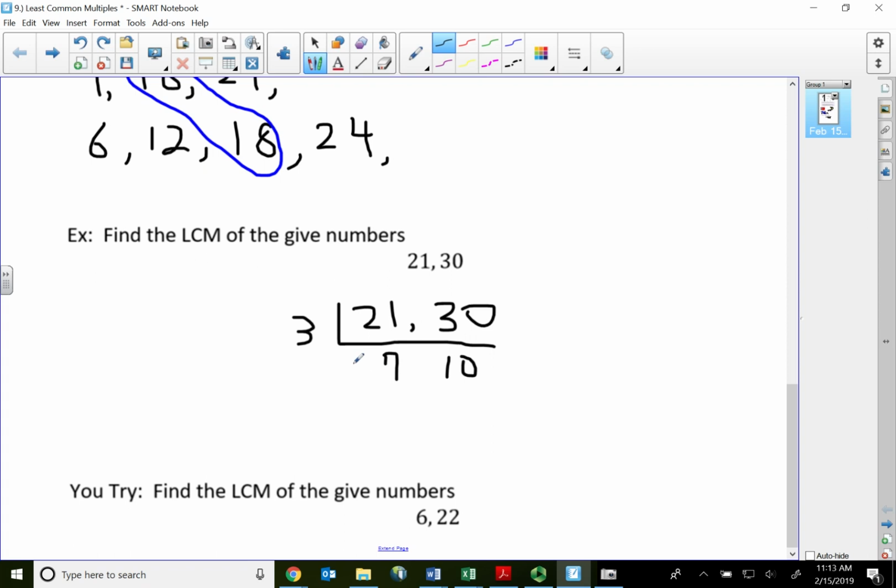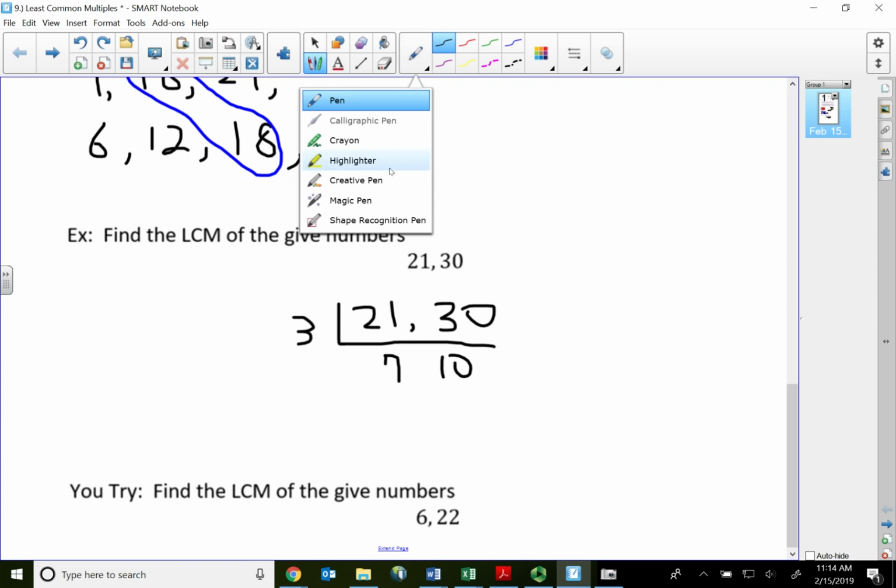Now, let's try it again. Find one number out here that can go into both 7 and 10 other than 1. Well, there's none, so that's it. With 7 and 10, this is where I will stop.